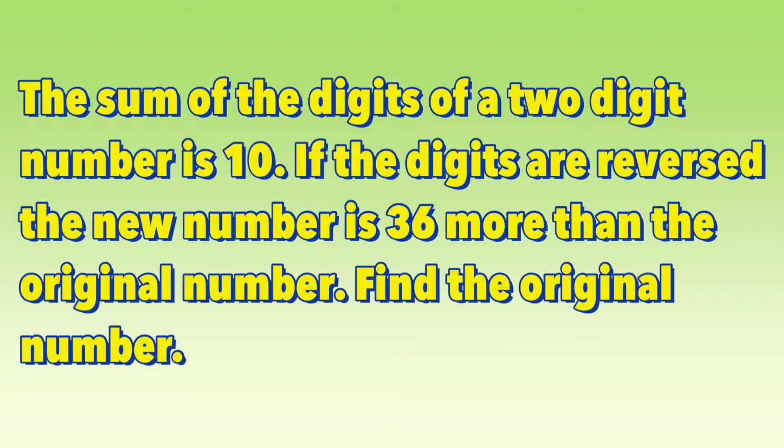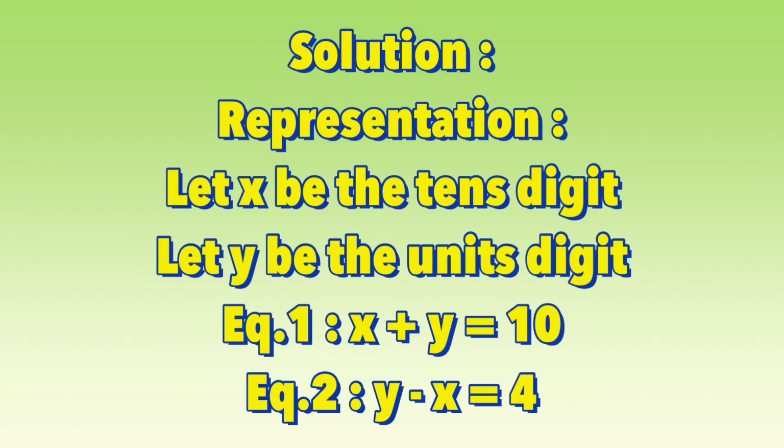Equation 1, from the statement: the sum of the two digits equals 10. So x, the tens digit, plus the units digit y equals 10. This is the first equation.